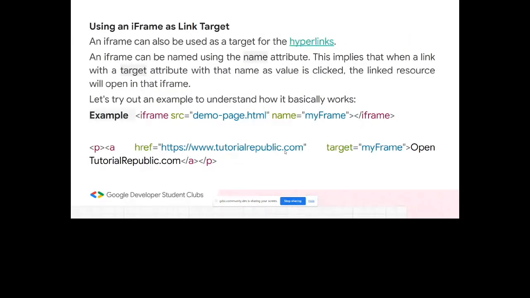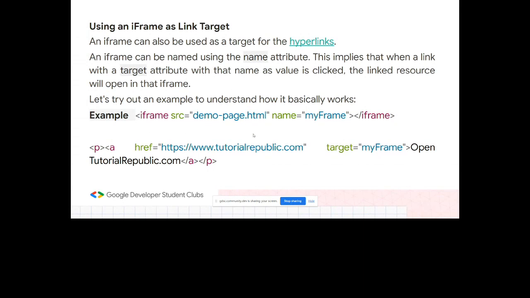Next, using iframes, you can even do this. As we discussed about anchor tags, we have an attribute in the anchor tag called target. If we provide a name to our iframe, and if we mention the target in our anchor tag, then the anchor tag will display the iframe content.